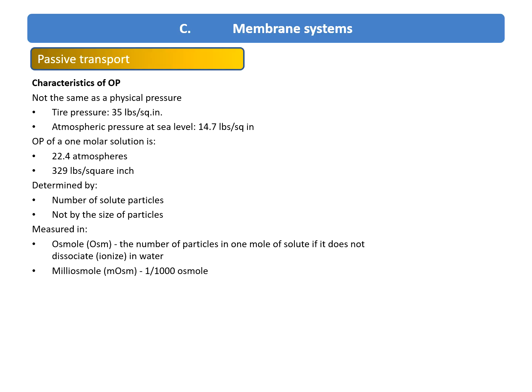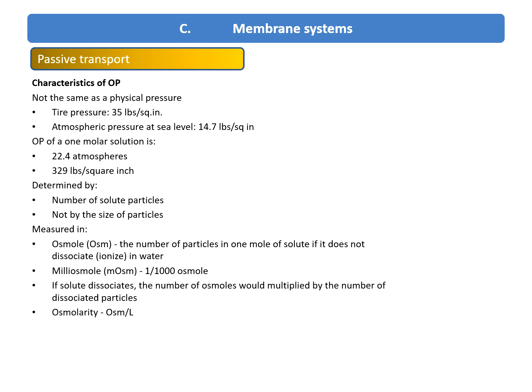Since cells are so small, we use 1/1000th of an osmole, which is a milliosmole. If a solute dissociates, the number of osmoles would be multiplied by the number of dissociated particles. Osmolarity and milliosmolarity refer to the osmoles per liter.